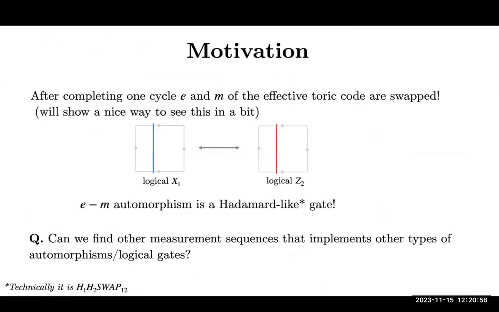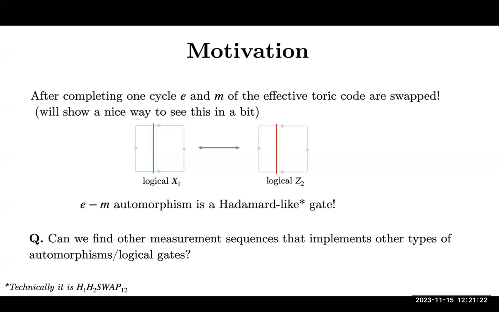But what I'm going to talk about today is motivated by these results. One thing I'm going to explain in a bit, which is in the original paper, but I'm going to show you a much nicer way to see this, is that it turns out that there are 3 rounds of measurements, and after you complete 3 rounds of measurements, you come back to the same effective particle, for example, on the red lattice.